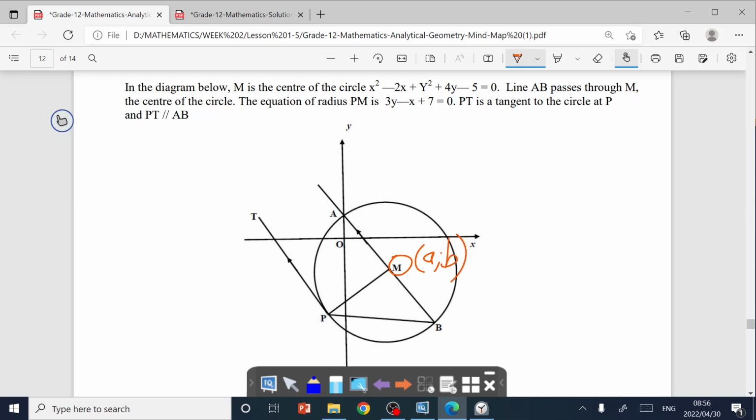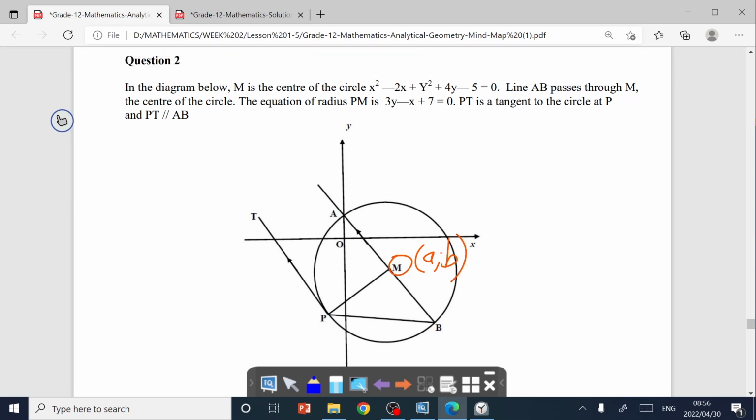It's (a, b), right? Okay, so we are given M, and then we are also given the equation of the circle. The equation of the circle, we can call it APB.